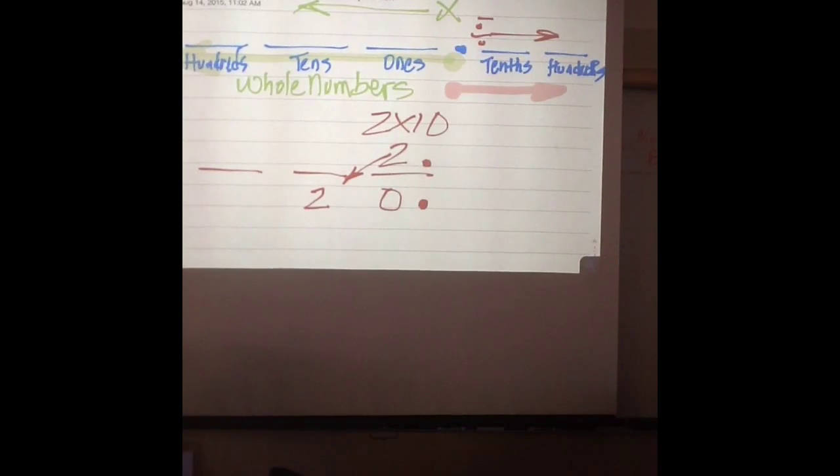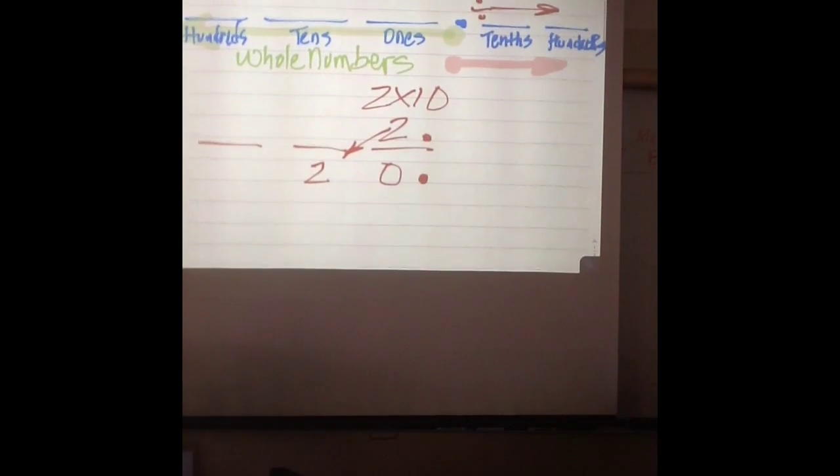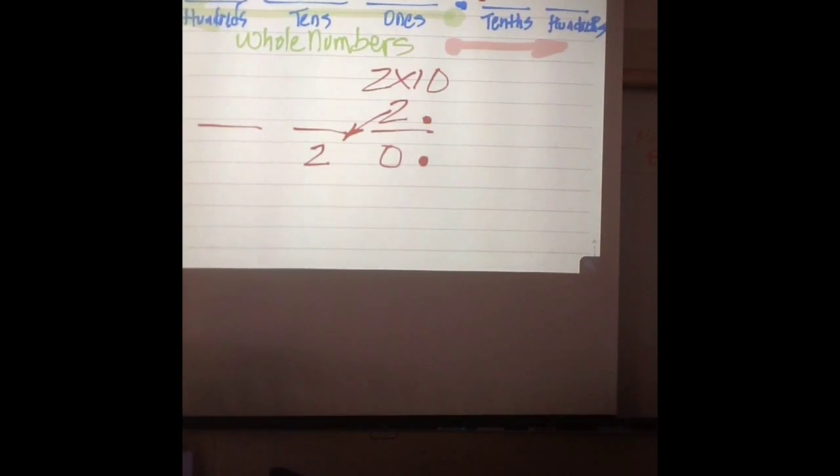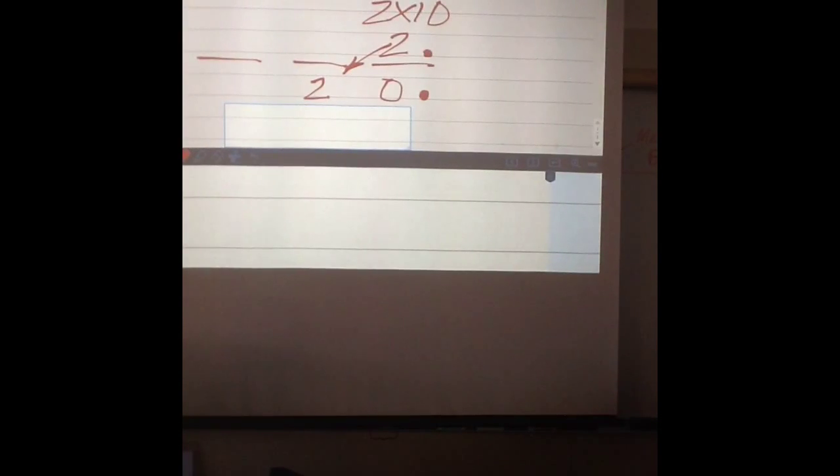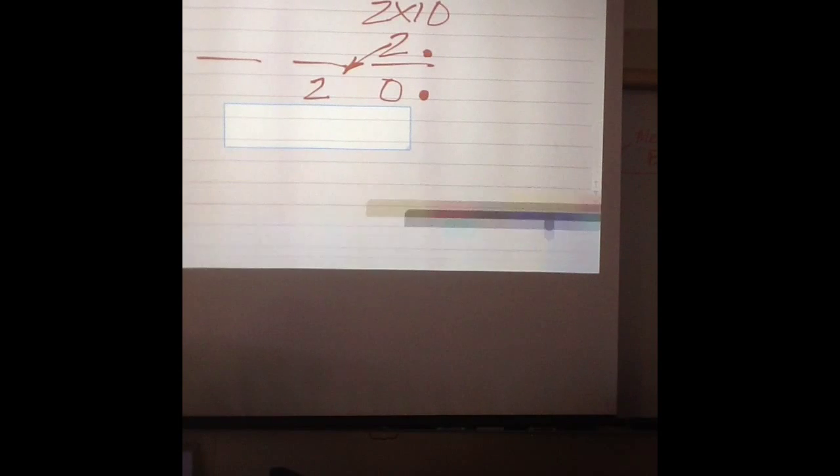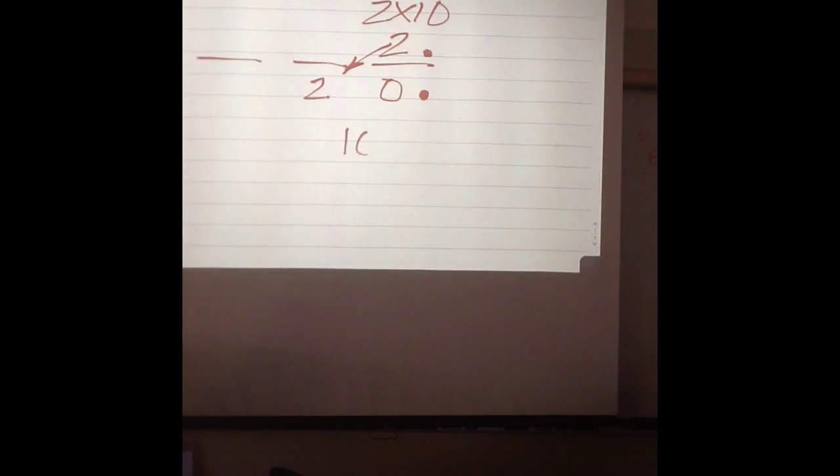Does that make sense? Does everybody see that? All right, you want me to give you another number? Give me a number, someone. 5. 10. 4. All right. Let's go with 10.